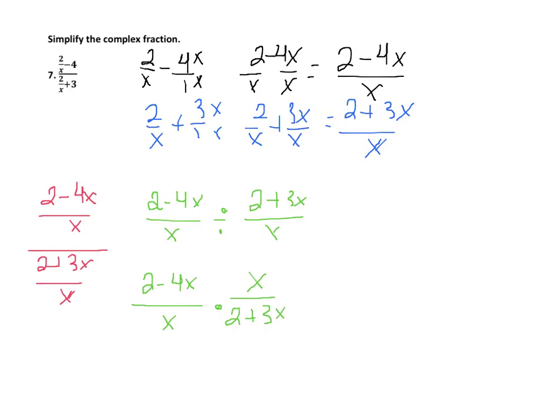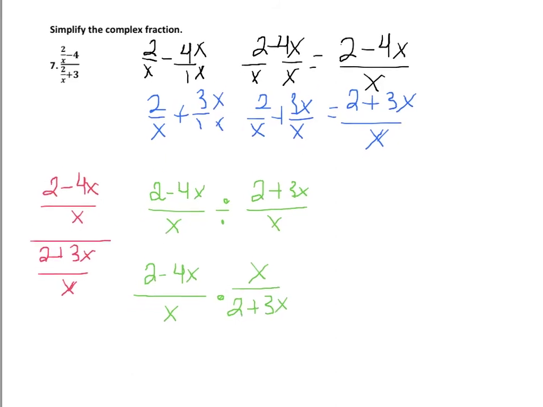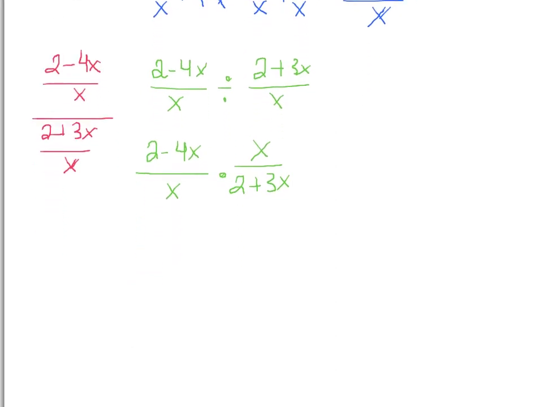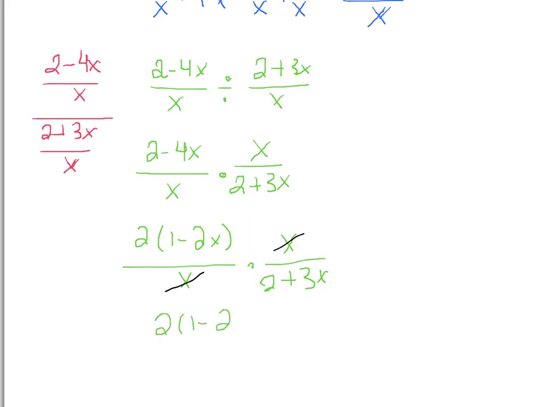Step 2, factor. Well, I can factor out a 2 from the top here. Step 3, simplify. And that's it. So now, copy down the factored form.